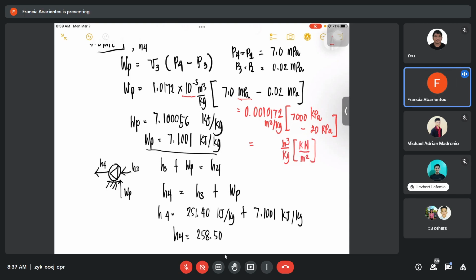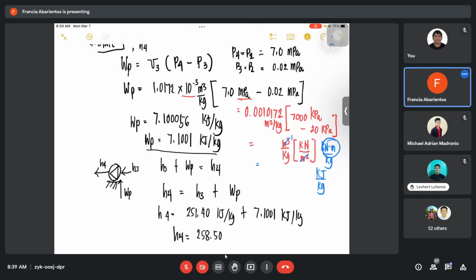So, kakancel yan. Matitira sa'yo is kilonewton meter per kilogram. Your newton meter is in joule, so kilojoule per kilogram. So what is now the answer here?